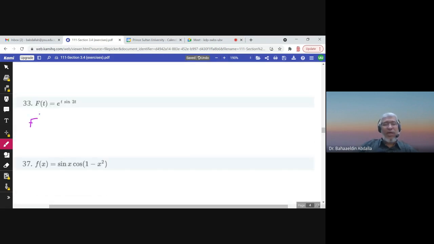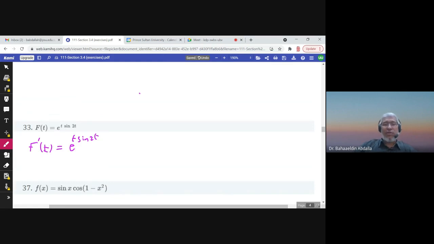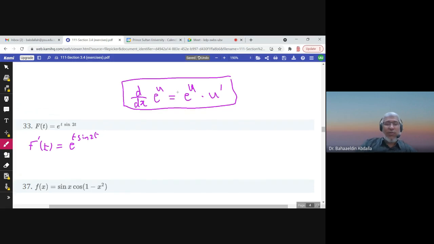Same, but I have the inner function here is a product function. So the derivative is e to the t sine 2t, because always the derivative of e to the power u is e to the power u times u prime. That's the formula we are using.